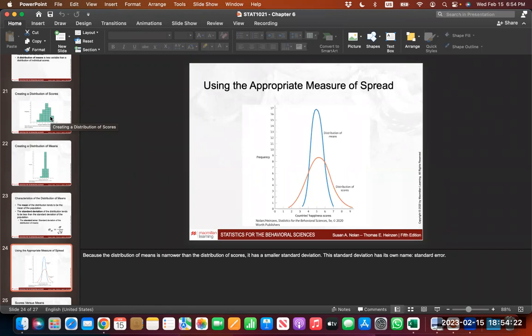And the relationship between those two, that's the standard error of the mean. That's the division of the standard deviation from the orange by the square root of the n and getting it to the standard error of the mean. That essentially is the so-called central limit theorem.